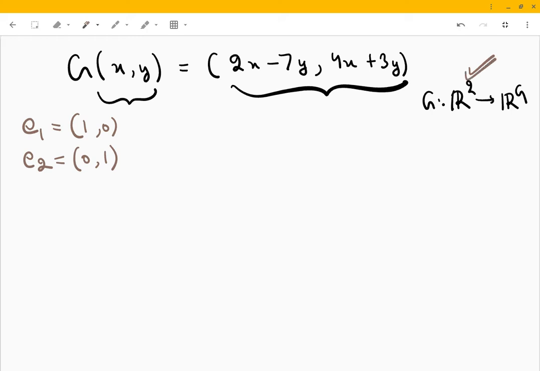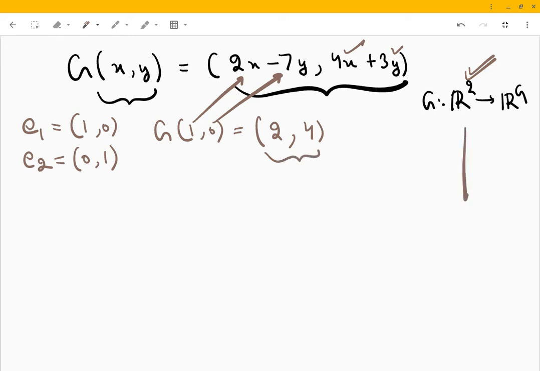So let's find what is G of 1, 0. Simply plug in these values. X is 1, Y is 0. So we get 2 comma 4. This means that the point 1, 0 is being mapped to this new point.